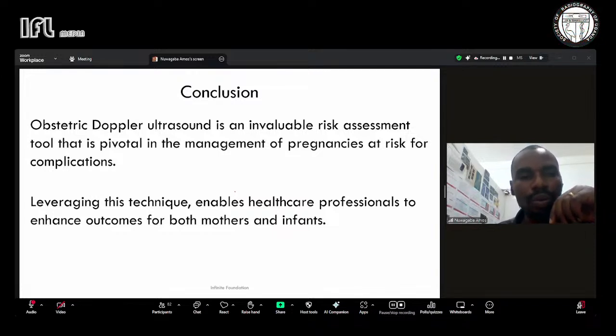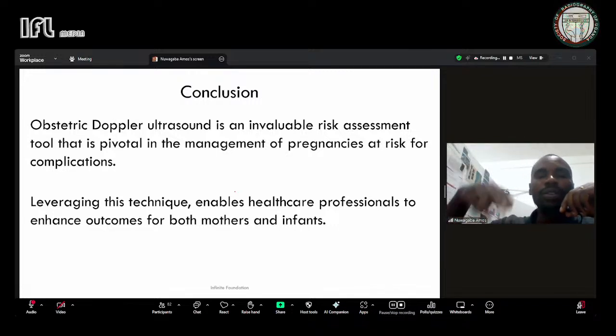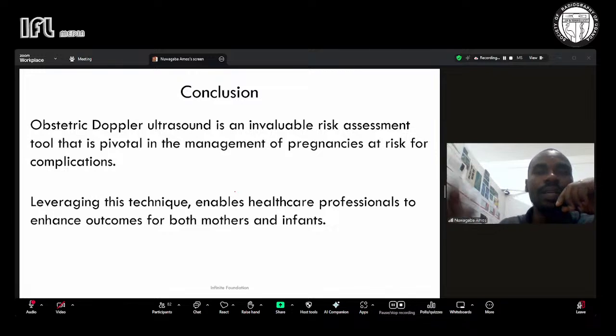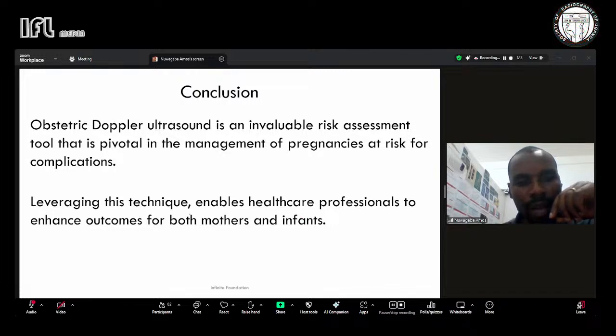We usually want to do the screening so that you pick out the women whose indices are abnormal, for example, in the first trimester at 11 to 14 weeks, so that you sieve out the women whose indices are abnormal and initiate low-dose aspirin, because research has indicated that if you initiate treatment early, before 16 weeks, that's when you can improve outcomes of fetal growth restriction and preeclampsia, which include IUFD and preterm labor.